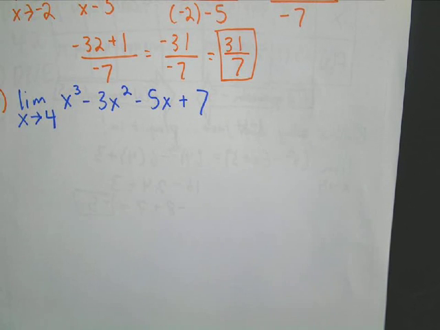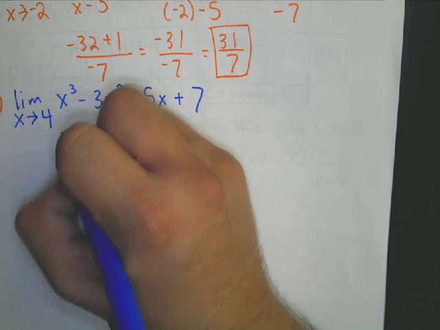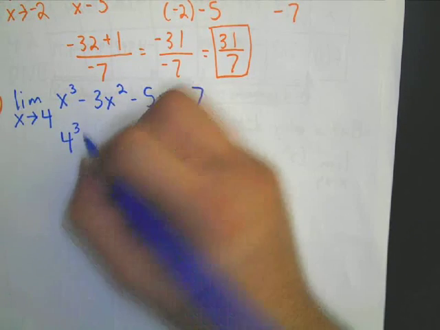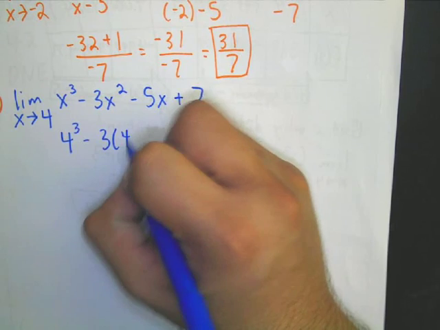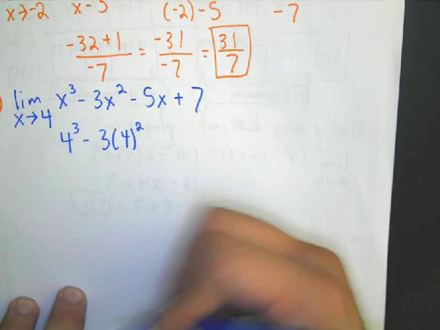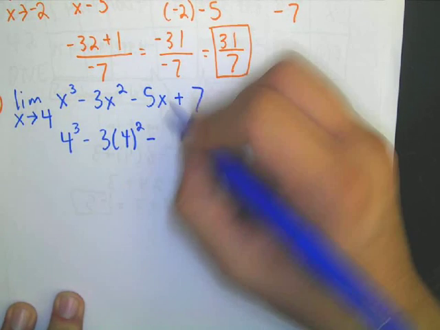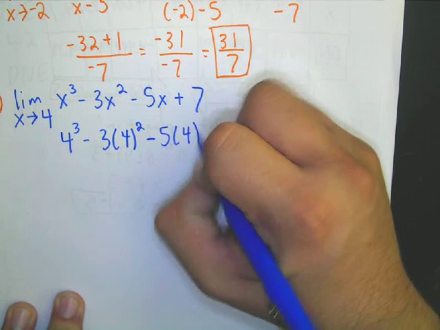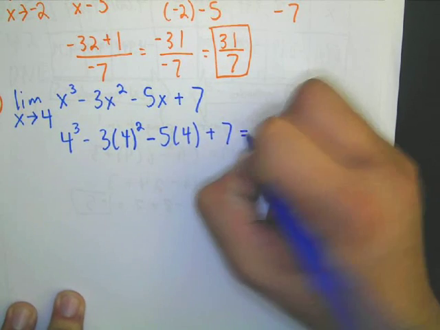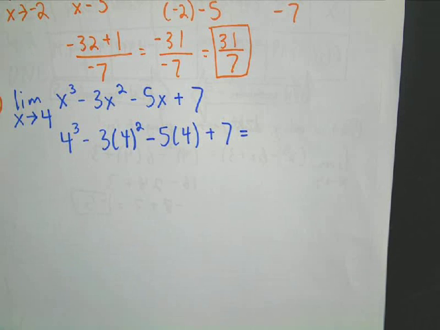Yeah, let's just plug it in. So we have 4 cubed minus 4 squared minus 5 times 4 plus 7. We could do mental math, but we have our calculators to do this for us, right?